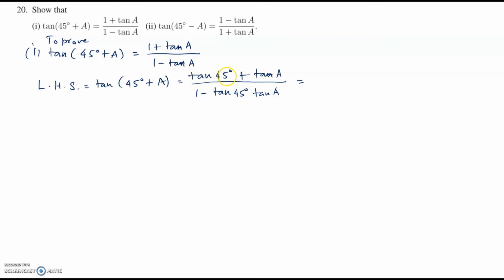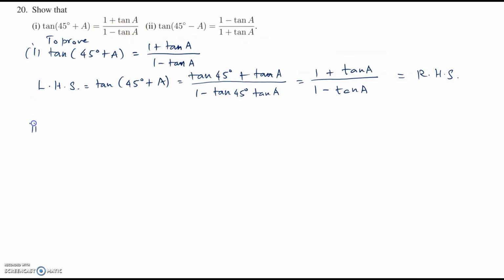Substituting the value of tan 45 degrees, which is 1, plus tan A divided by 1 minus, again this is a 1, this becomes tan A. So which is our right hand side. Hence the proof of the first one.